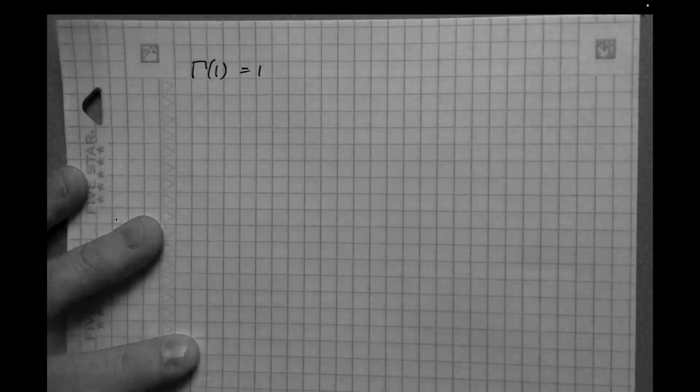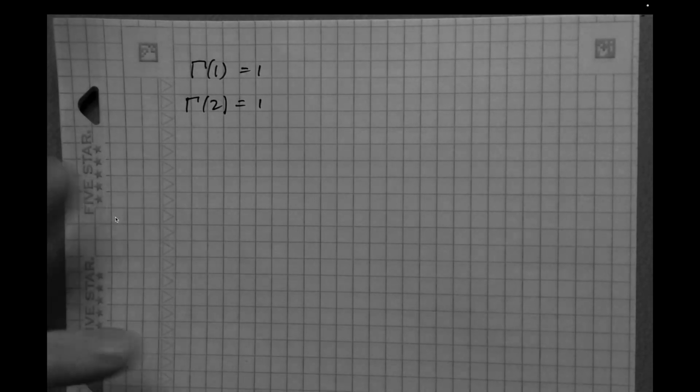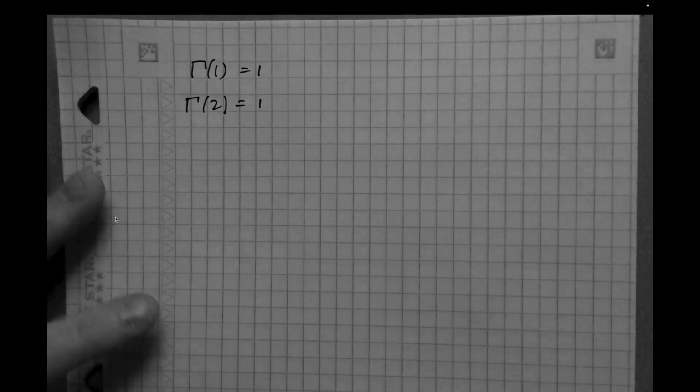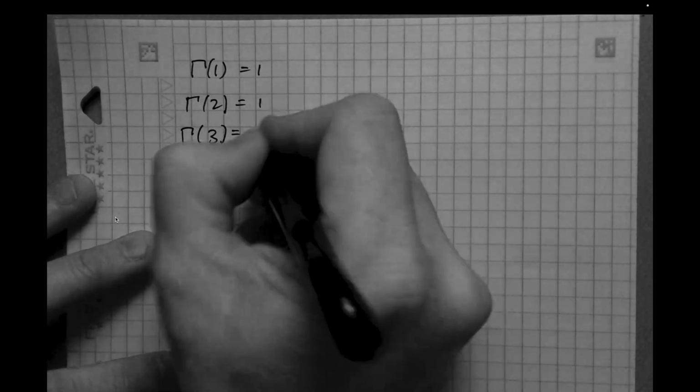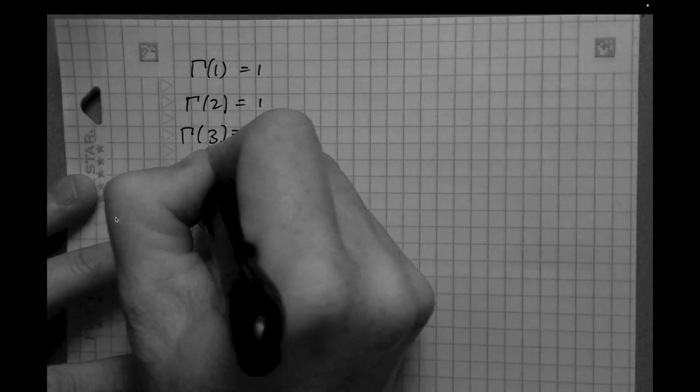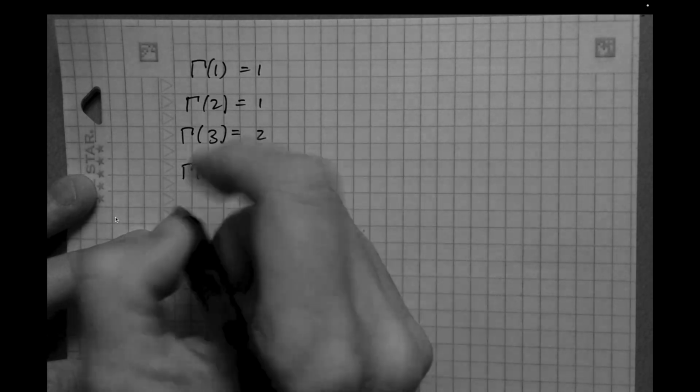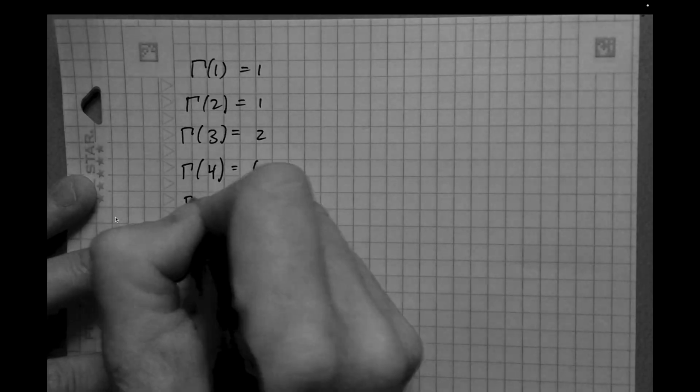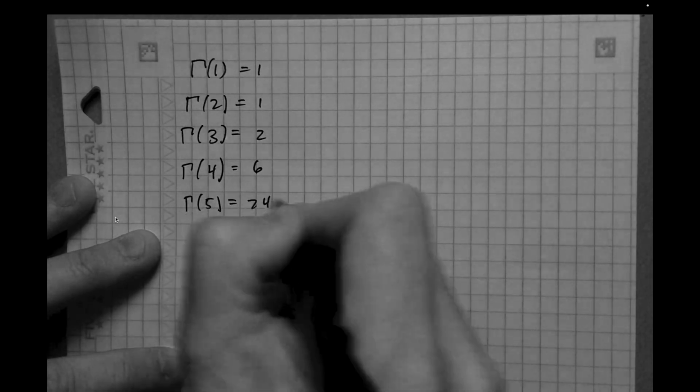Gamma 1 we saw was 1. Gamma 2 we saw was also 1. Gamma 3, it turns out, is equal to 2. Gamma 4 is equal to 6. Gamma 5 is equal to 24, and so on.